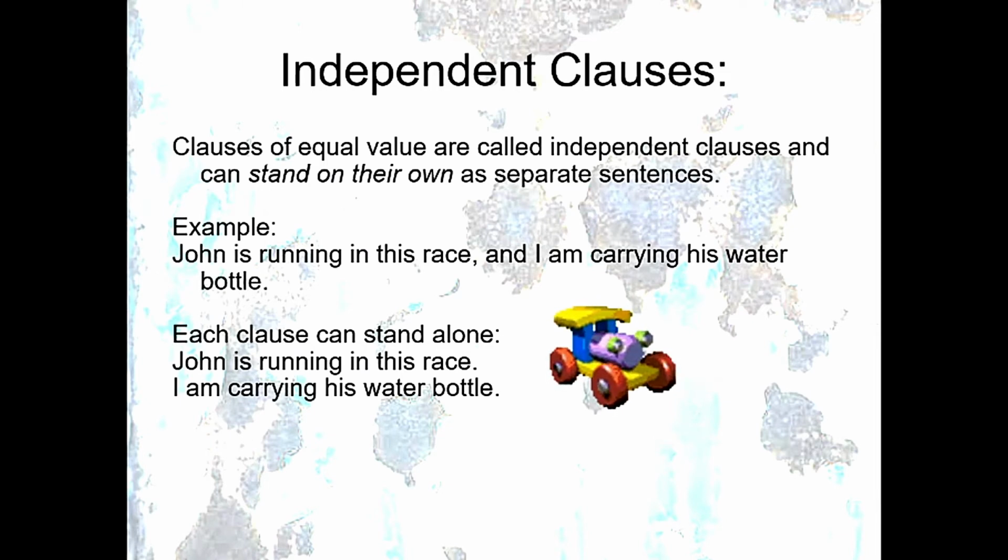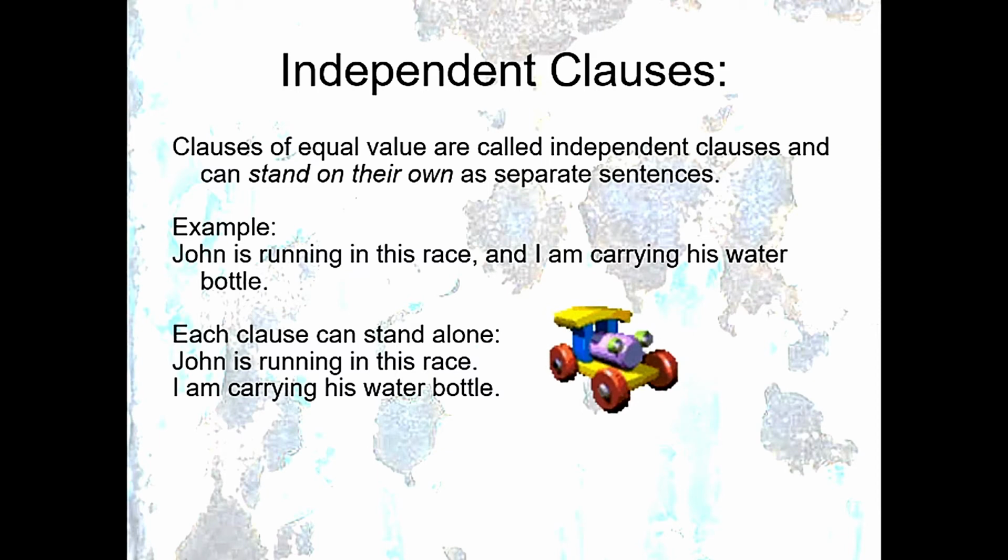Who is running in this race? It's John. John is doing what? Is running in this race. The same thing with our second clause or sentence, I am carrying his water bottle. Our subject is I, and our complete predicate is am carrying his water bottle.